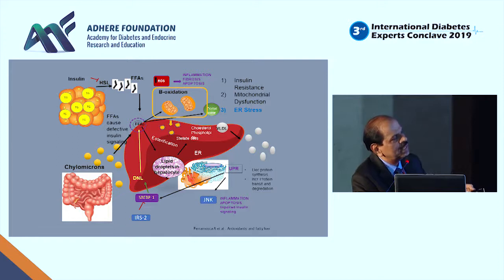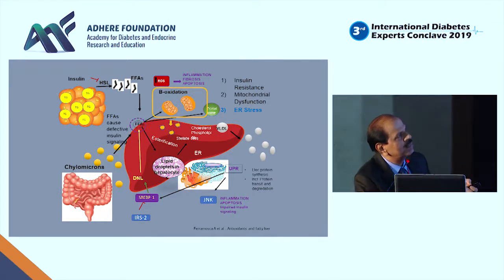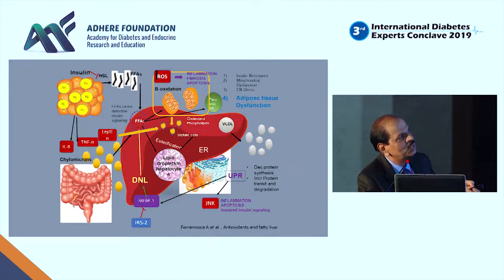When that folding does not occur, the unfolded protein response happens, and that stimulates JNK, Janus kinase activity, and that brings about again inflammation, apoptosis, and impaired signaling. So the next problem is the ER stress that occurs because there is so much nutrient load in the liver.